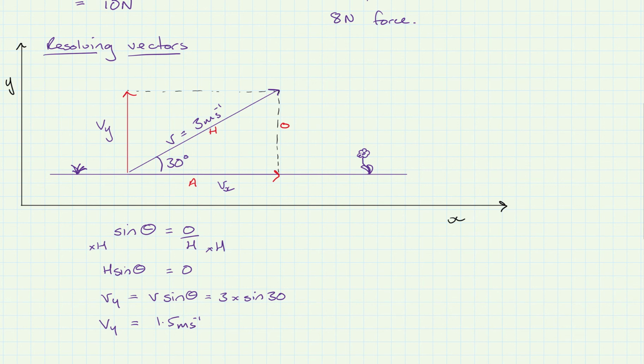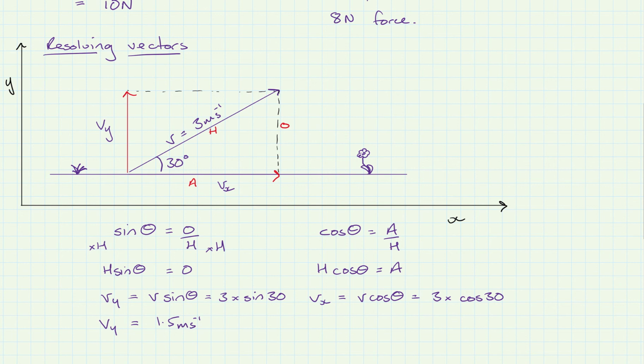For my Vx, we know that cos theta is the adjacent side over the hypotenuse. Again, multiply both sides by h, so I get h cos theta equals A. So my A is Vx this time. So Vx equals V cos theta, which is going to be 3 times cos 30.